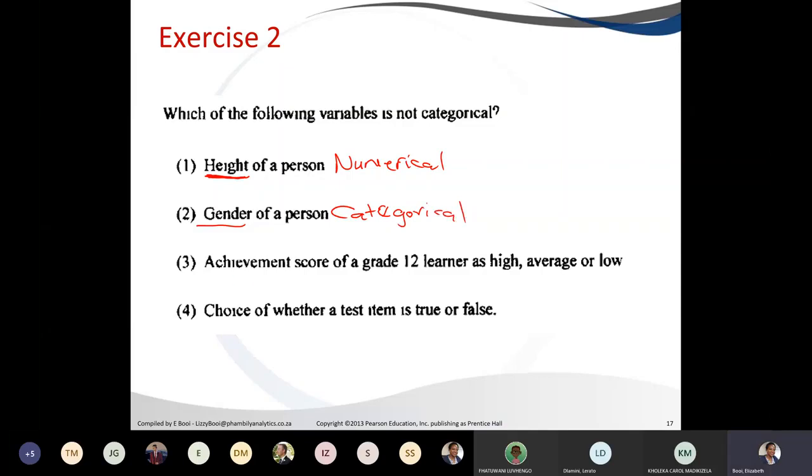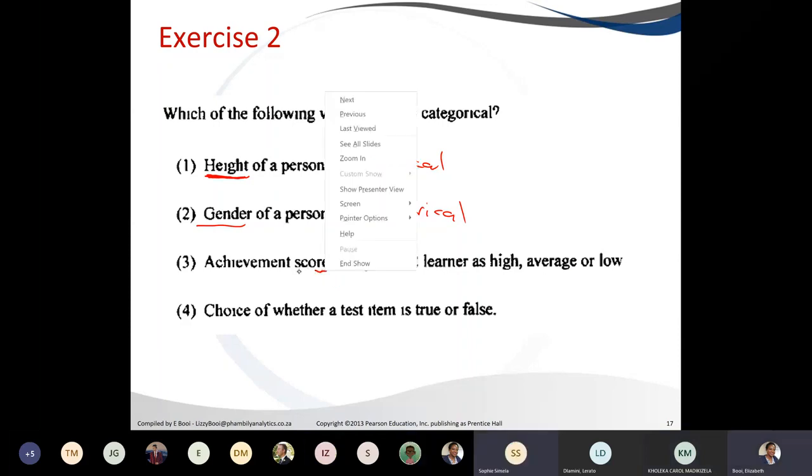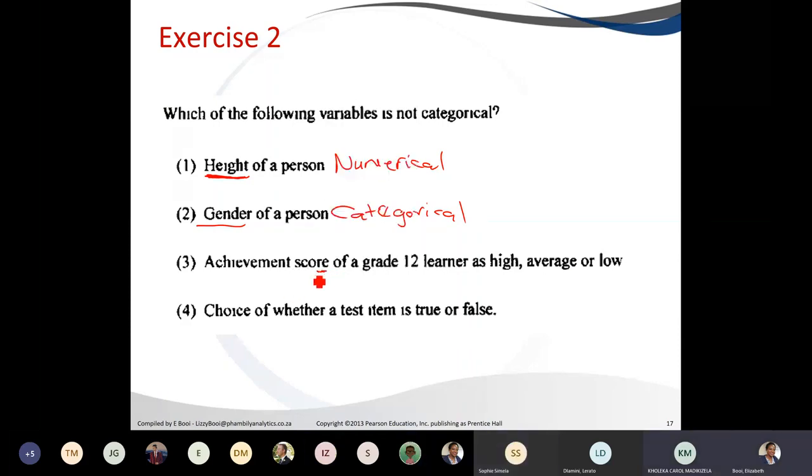And the next, achievement of scores as high, average, and low. Categorical. When you look at the first part of the question, it says achievement of scores.